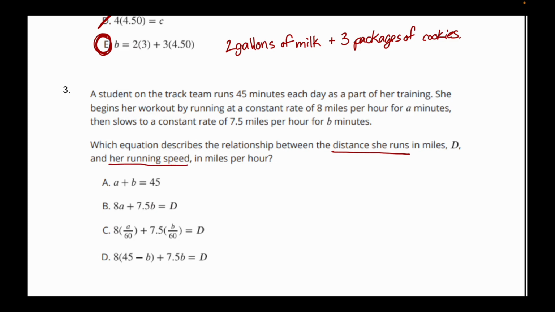So the basic relationship here is that distance is equal to a rate times a time. We'll write it out, rate times time. And for us, the rate, this is speed.